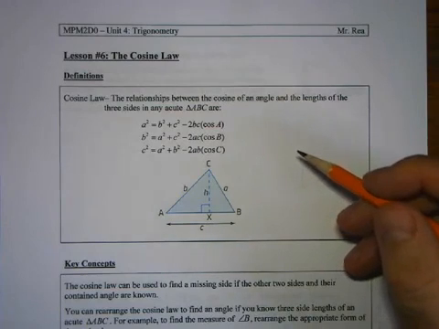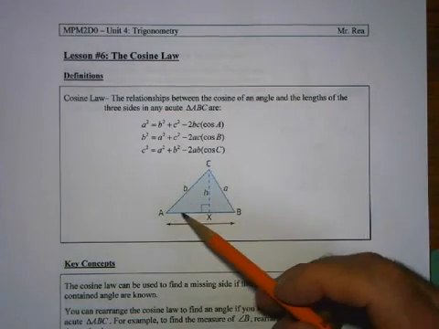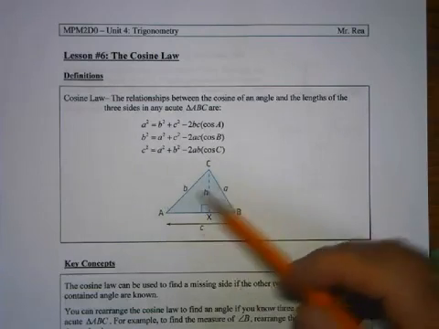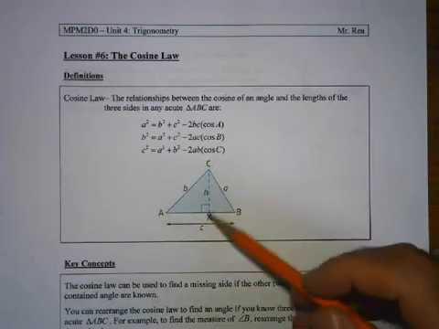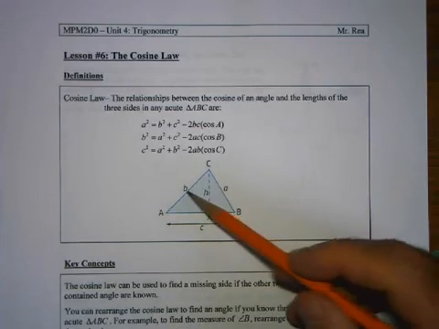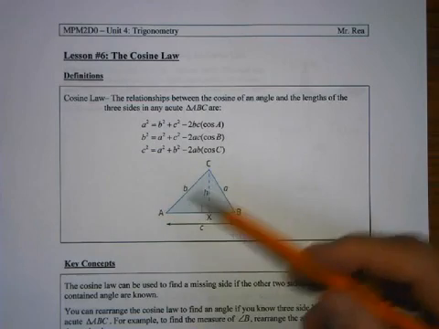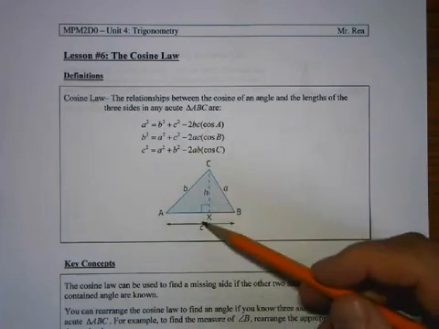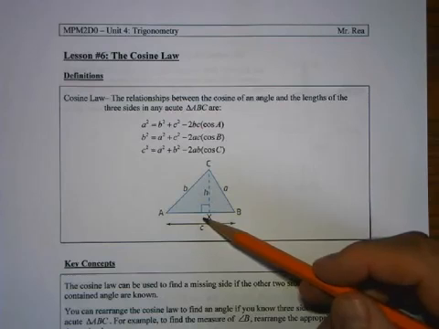For example, in this triangle ABC, you had to know an angle and its opposite side. It didn't matter which one. And in addition to that pair of information, you had to know one other piece of information, one of the other 2 angles or one of the other 2 sides, and you could use sine law.